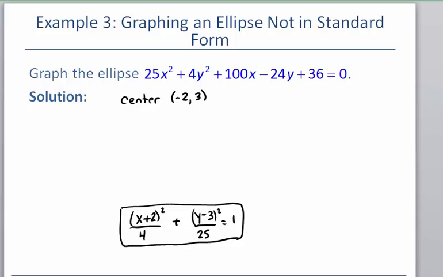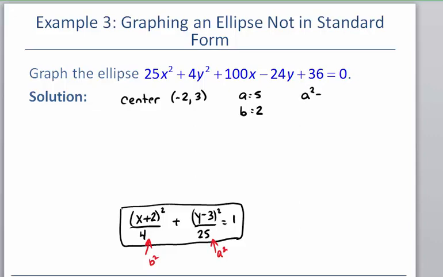We know that the a value is the larger of the two values in the denominators. So that makes the a squared here on the 25 and the b squared on the 4. So that tells me that a is equal to 5, so that 5 squared is 25. And it tells me that b is equal to 2, because 2 squared is equal to 4. We can use our formula to calculate the c.